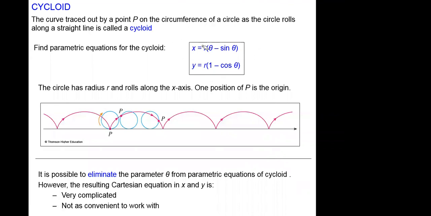X is defined as r times theta minus sine theta, where theta is an angle. The circle is making the angle, because we can see that as soon as the circle is rotating, there's an angle inside.